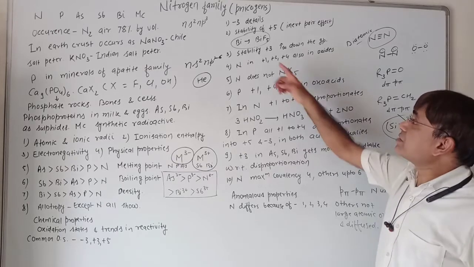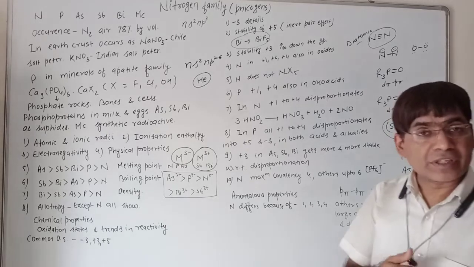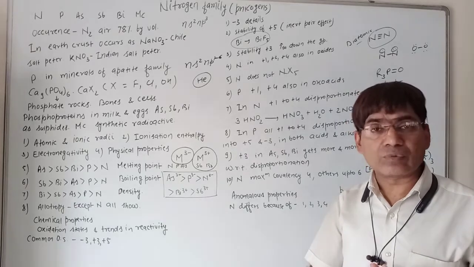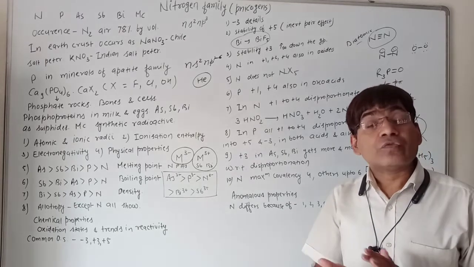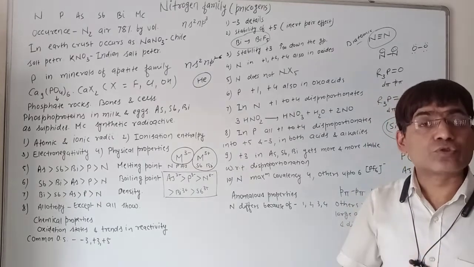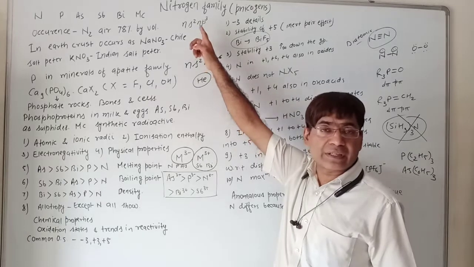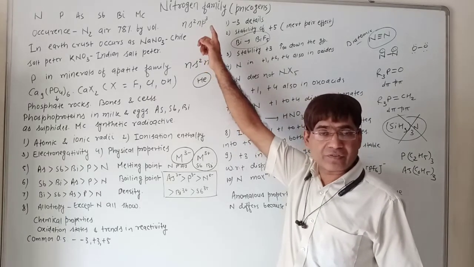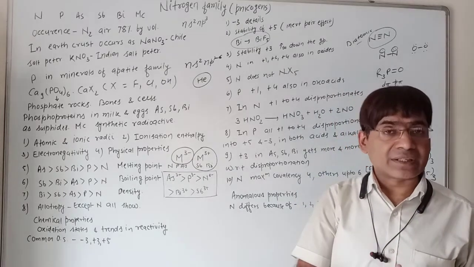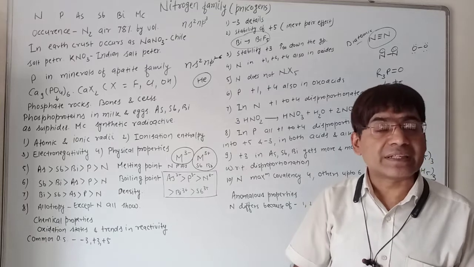Then the stability of +3 oxidation state. Due to the inert pair effect, the stability of +5 oxidation state was decreasing down the group. Fine. So which oxidation state will be more prevalent as we are moving down the group? It is going to be +3, because the electronic configuration of the group members is ns2 np3. As the tendency to show +5 oxidation state is decreasing, the tendency to exist in +3 oxidation state is increasing.